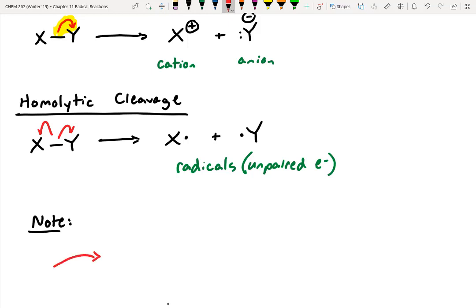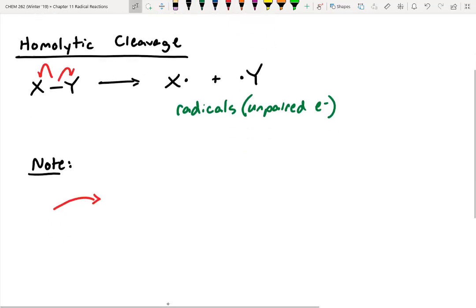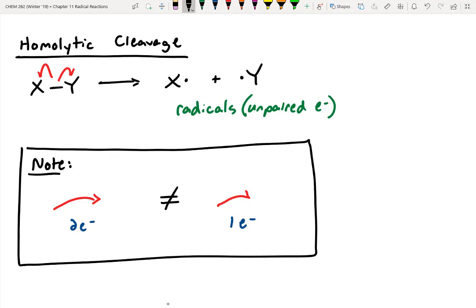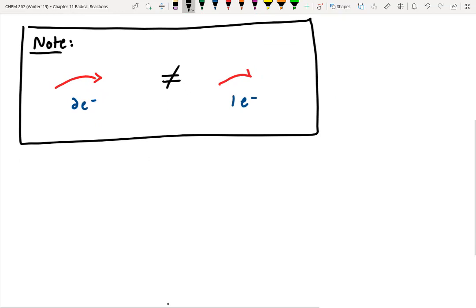If you see an arrow that looks like that, that means two electrons are being moved, which is not the same as seeing an arrow with a single head. That indicates that only one electron is being moved. So you have to be very particular with drawing your arrows for these. Does that make sense?